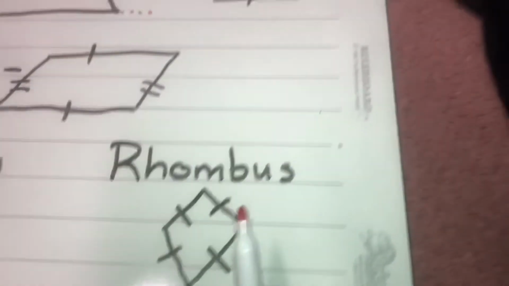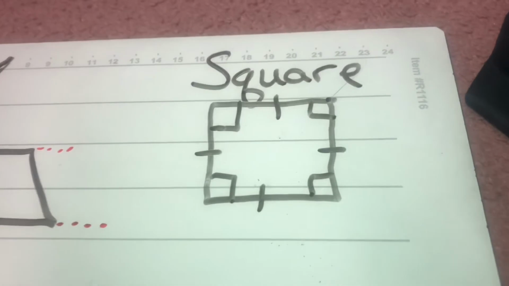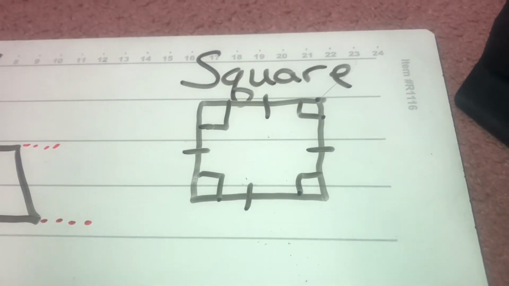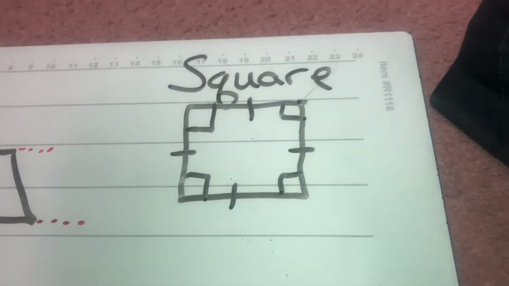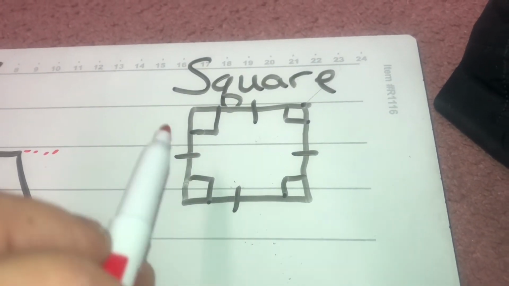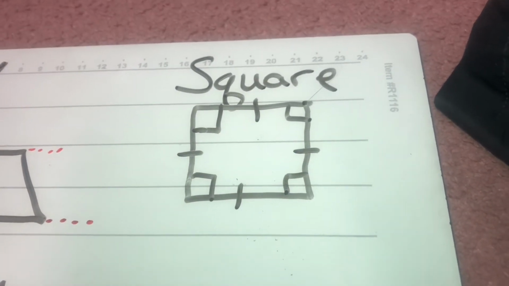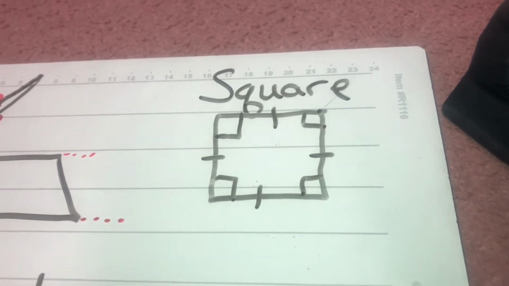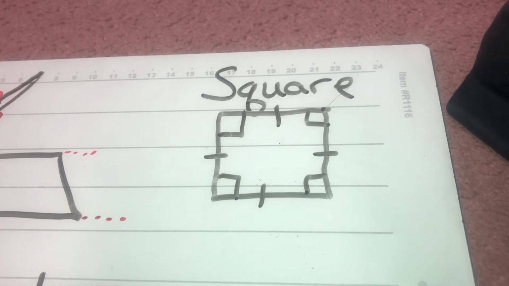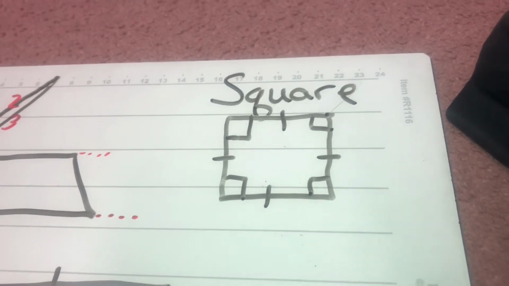The last quadrilateral we're focusing on today is a basic one, a square. You understand what a square is. A square has four right angles with the perfect L, and then it has four congruent sides with the indicator of the dash between them. So those are the quadrilaterals we're going to be focusing on.